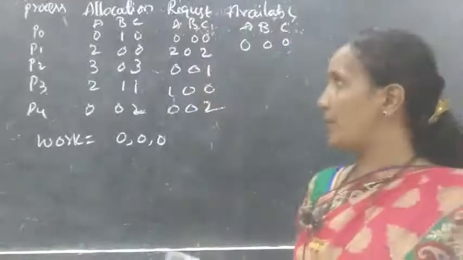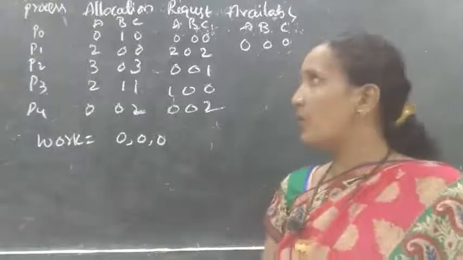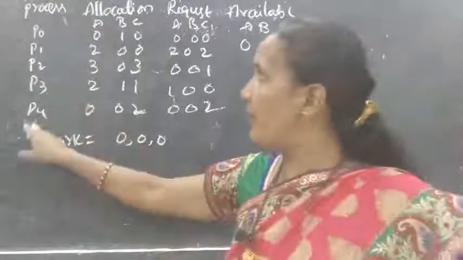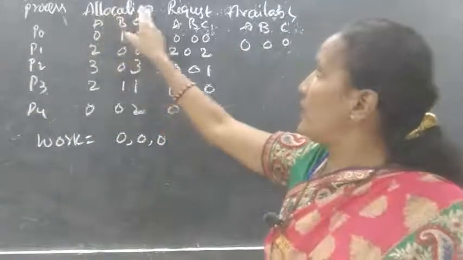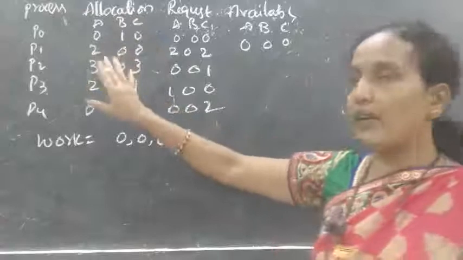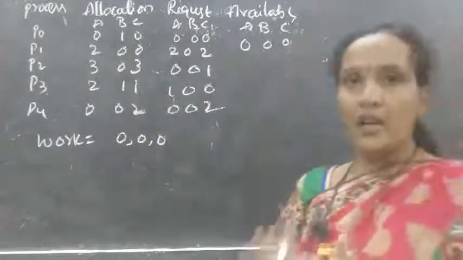Here you can see I have given one example, and this example is from your textbook. How many processes do we have? Five processes: P0, P1, P2, P3, P4. The allocation shows how many resources are currently allocated, how many they are requesting, and how many are available.